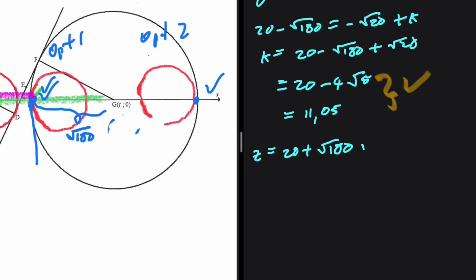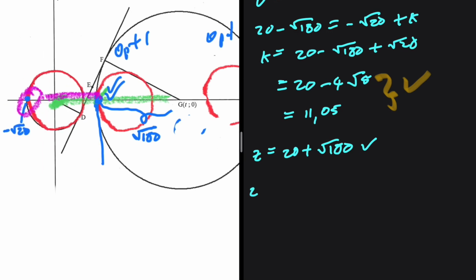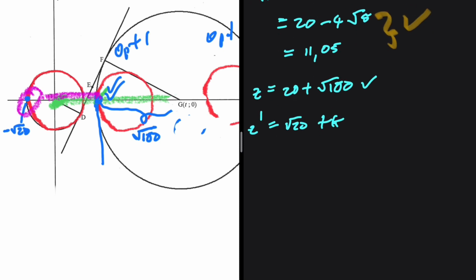Okay, so we want these two circles to touch at the point 20 plus square root of 180. But z prime now will be equal to square root of 20 plus k and not minus square root of 20 plus k. Okay, so if we equate these two, we get square root of 20 plus k is equal to 20 plus square root of 180.